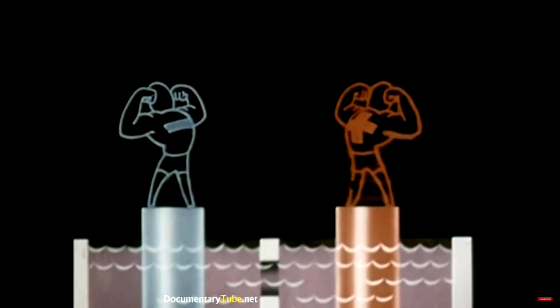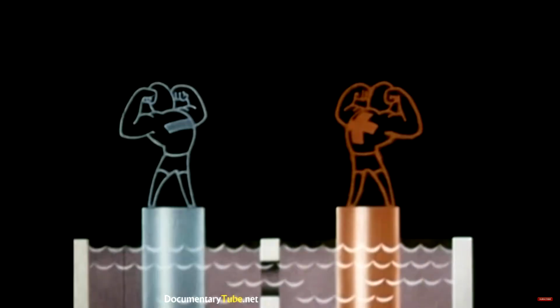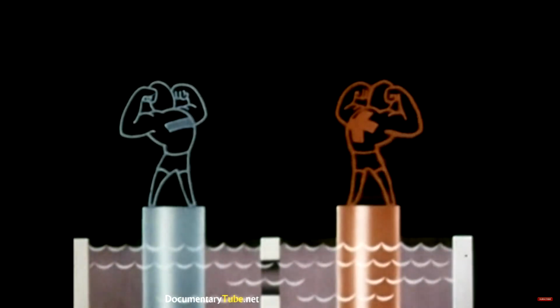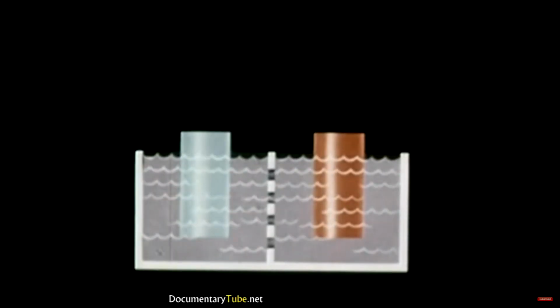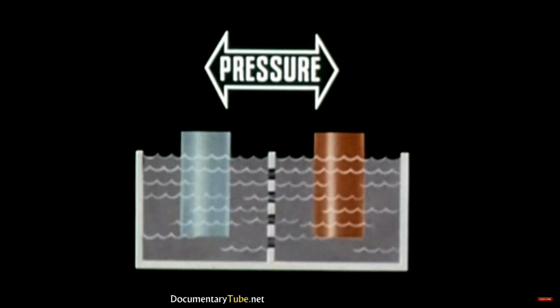This urge to maintain an electrical balance is potential electric energy. And since this potential energy is a repelling and attracting urge caused by opposite charges, its force or pressure is equal to the difference in the charges.